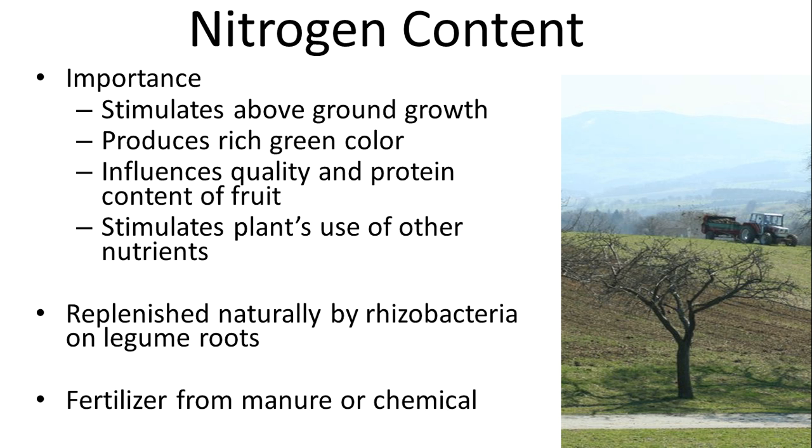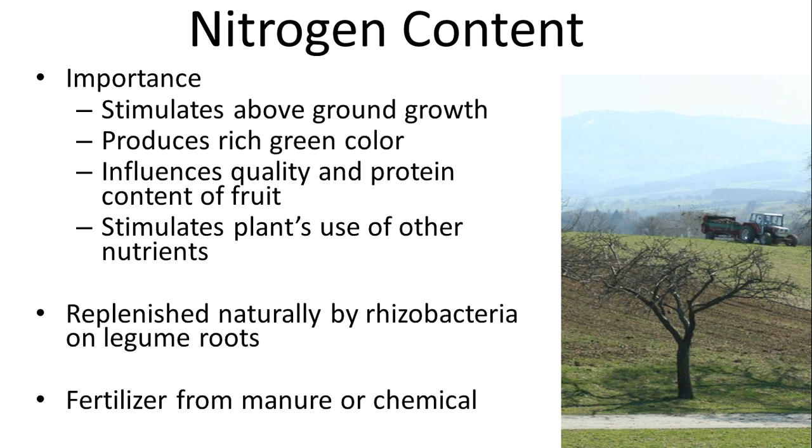And so nitrogen is actually replenished naturally by bacteria that's in the soil called rhizobacteria. It stems from the word rhizome, which is part of the plant root, and legumes are famously good at fixing nitrogen, taking nitrogen and turning it into nitrate for the plant to actually use.